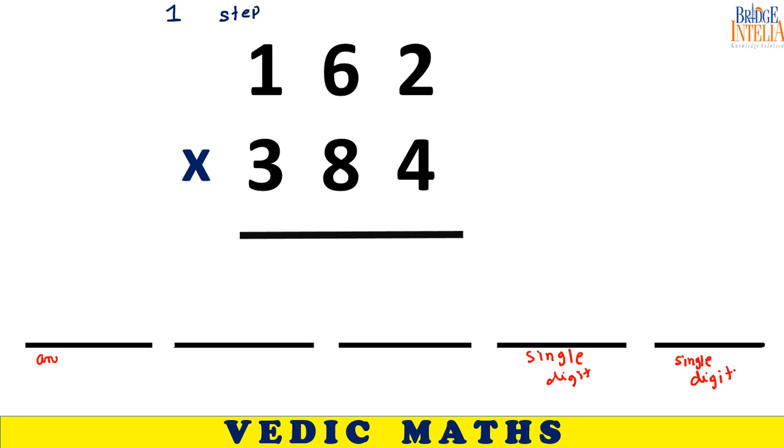Here you can write any number of digits. So you are given 3 into 3 multiplication. You have to fill these 5 blank spaces. If you manage to fill these 5 blank spaces, your answer would be ready in one single step. So now let us discuss how you can find the answer in one single step. So this is the key point.